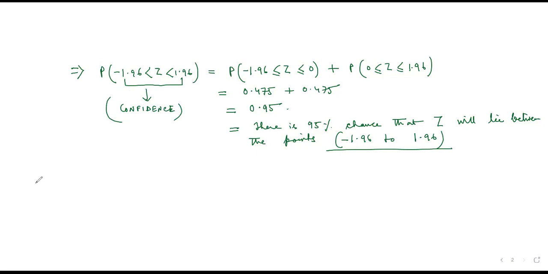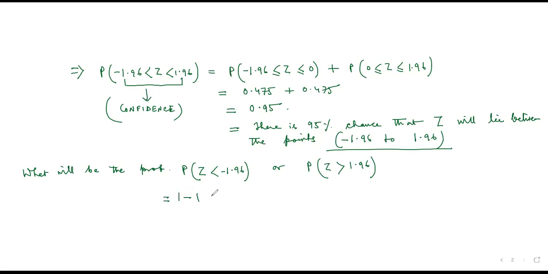Okay, and what will be the probability that Z is less than minus 1.96 or Z greater than 1.96? In both the cases, the probabilities will be 1 minus probability of Z lying between minus 1.96 to plus 1.96.